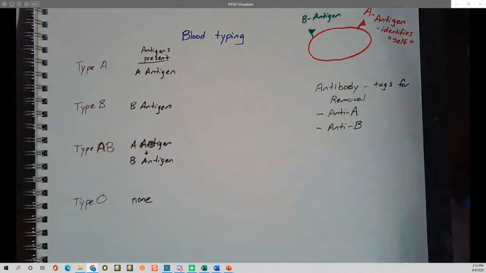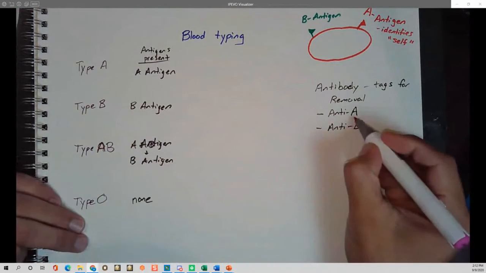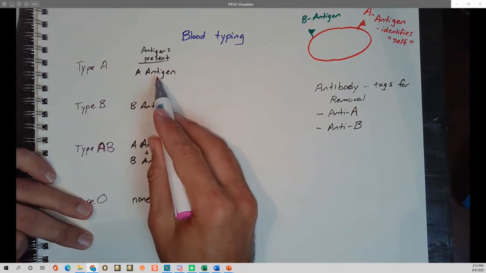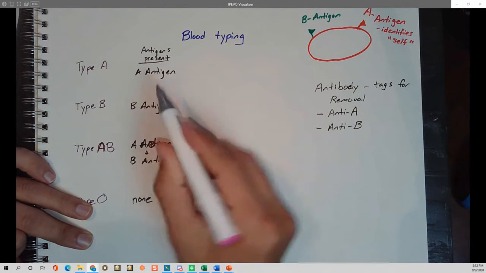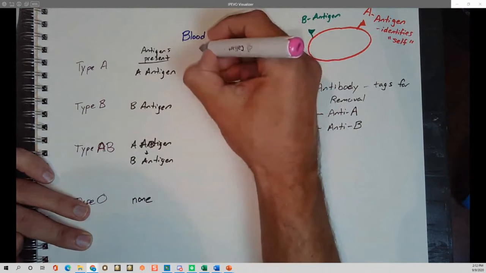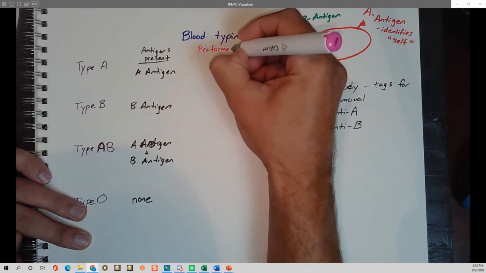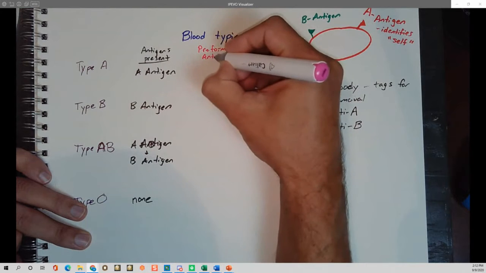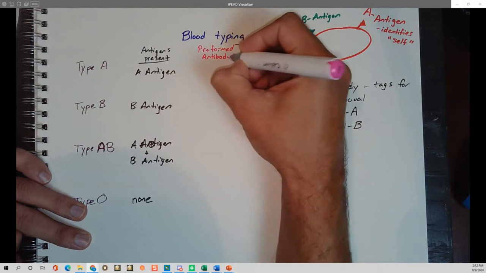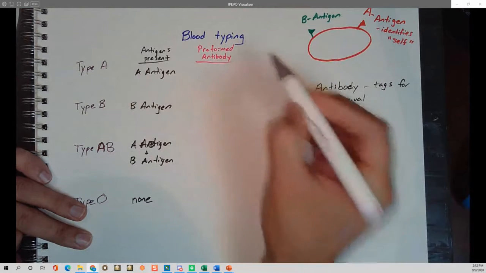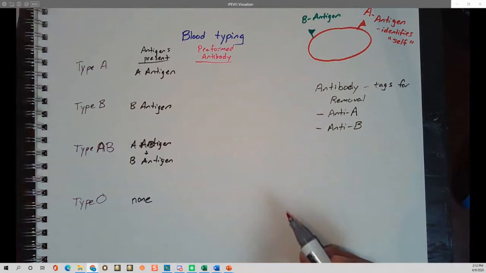You do not have an anti-A antibody if you are an A antigen blood type. That would kill you. So when you're born, you're going to have what's called preformed antibodies. This is your body's natural ability to produce antibodies against foreign objects. They're passed on from mama, good old mama bear.